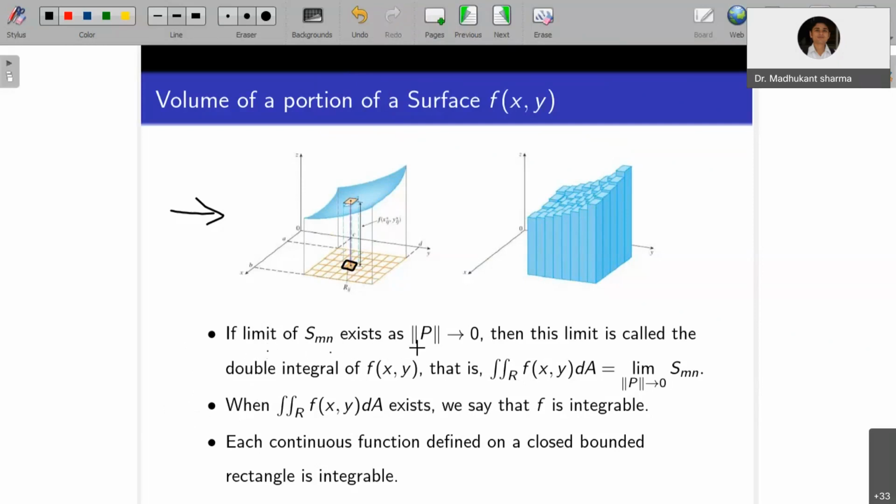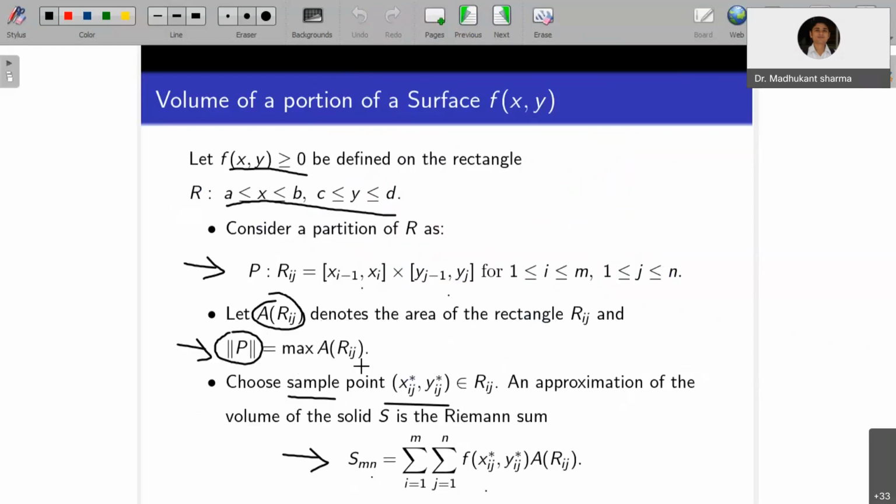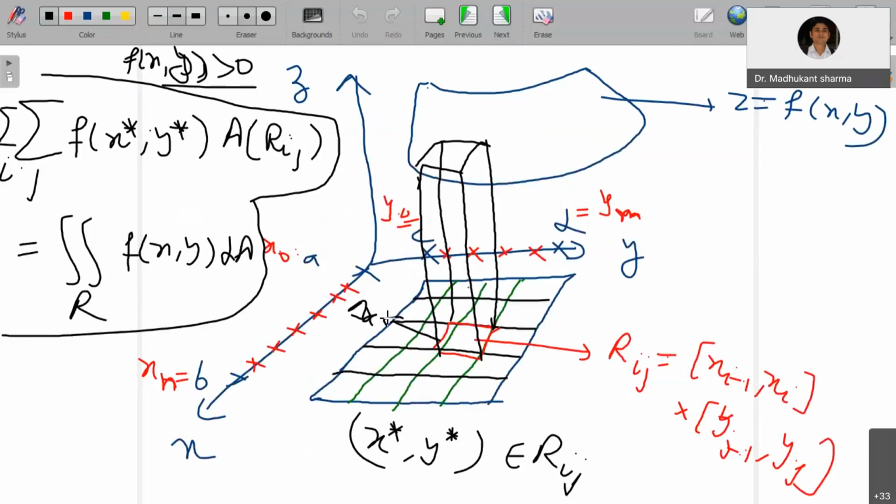This is again the wording. If the limit of Sm exists as norm P tends to 0, what is the meaning? Norm P tends to 0 means the area of the rectangle is tending to 0, because you are choosing very small delta x and delta y, as small as possible. Both are tending to 0.